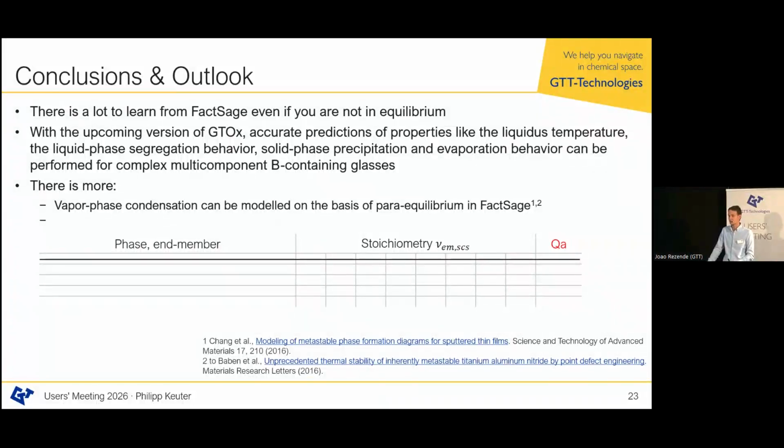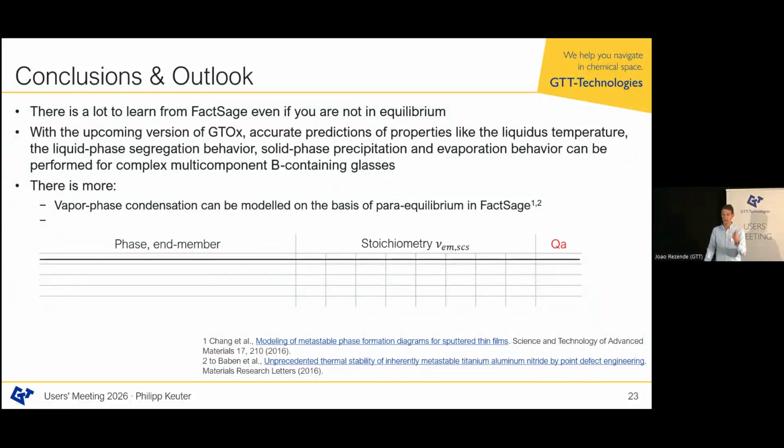In addition, with the upcoming version of GTOx, you can make very accurate predictions of properties like liquidus temperature, which is standard, right? But also liquid phase segregation, simply by having these metastable miscibility gaps properly modeled with the assessment, solid phase separation or precipitation, and evaporation for complex multicomponent boron-containing glasses.